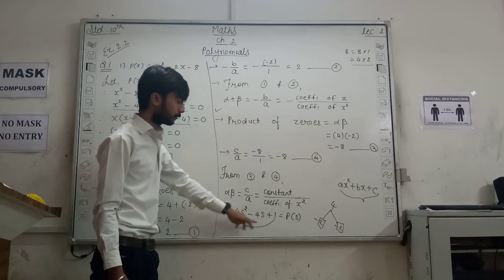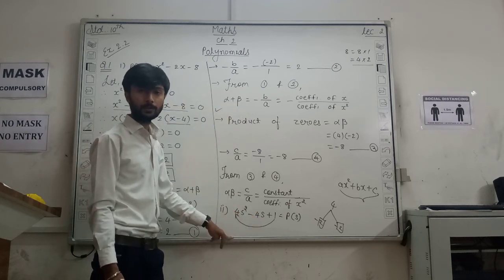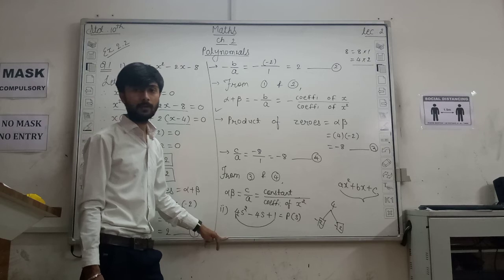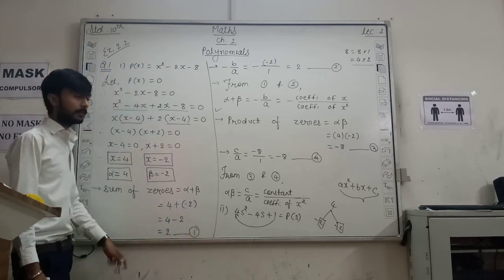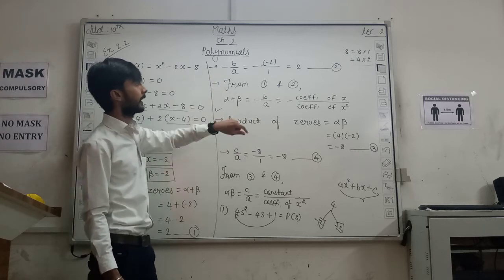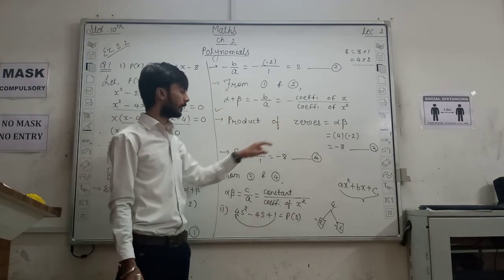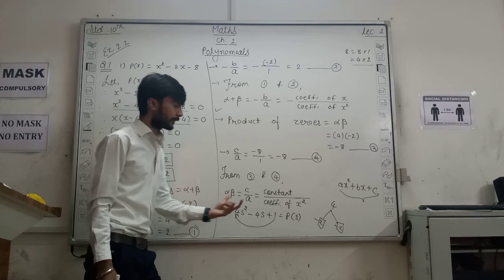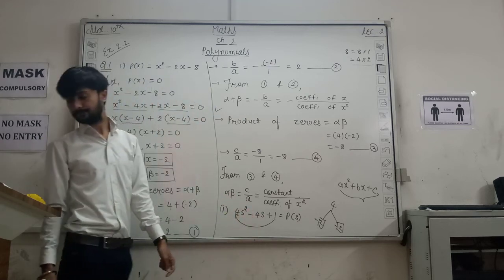You get two zeros, two values of s, take the first as alpha and the second as beta, then the sum of zeros alpha plus beta by formula, and the product of zeros alpha beta by formula. You can do this in homework.